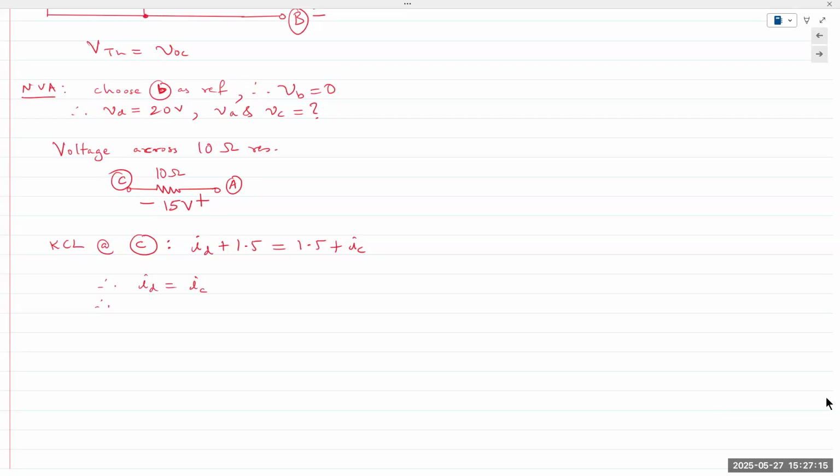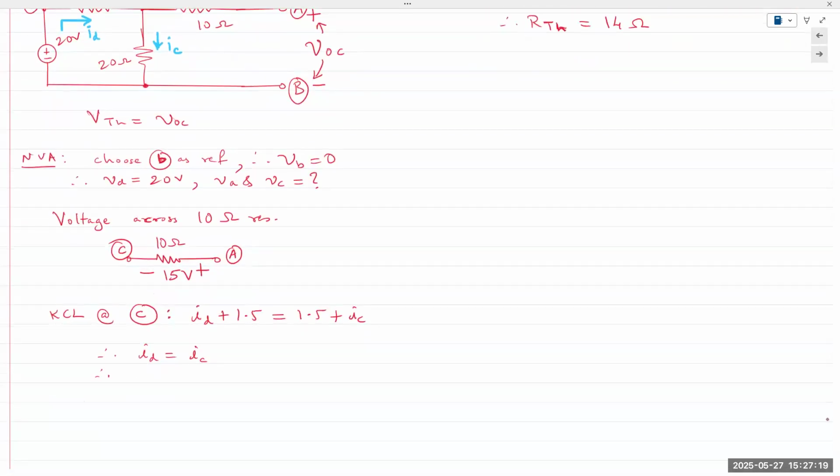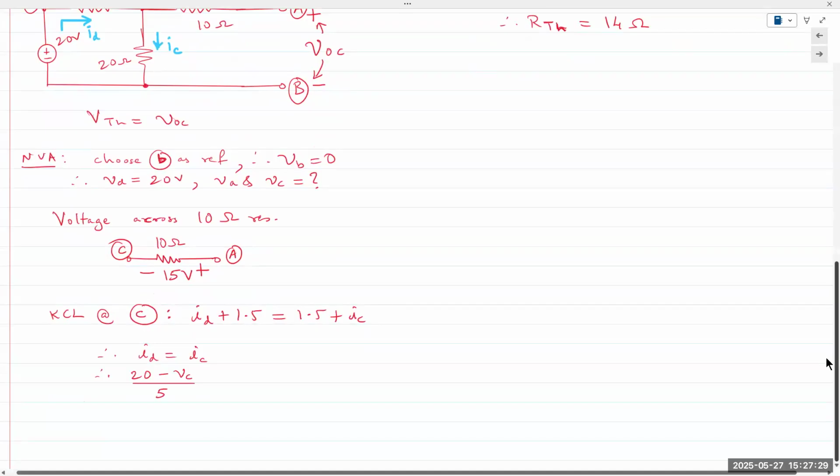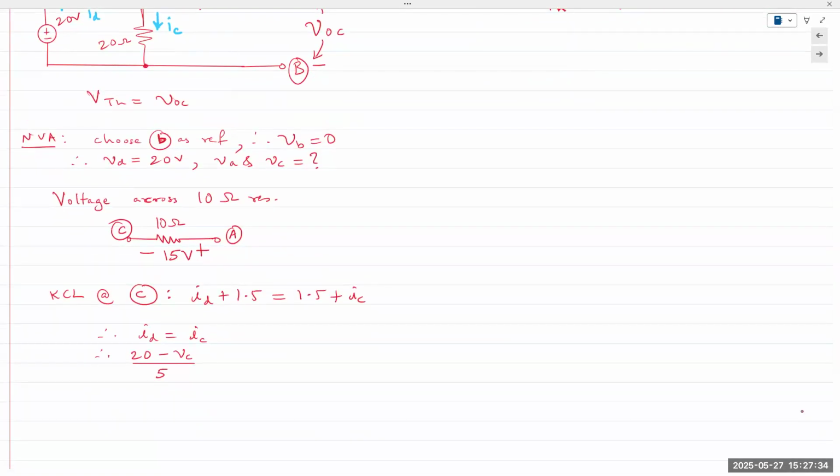ID expressed in terms of the resistor would be 20 minus VC divided by 5. And then IC is VC minus 0 divided by 20.